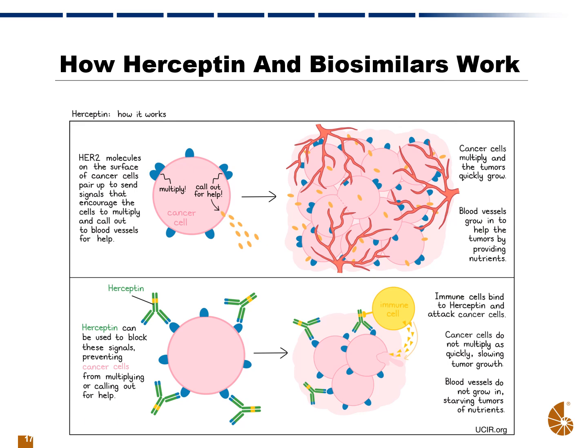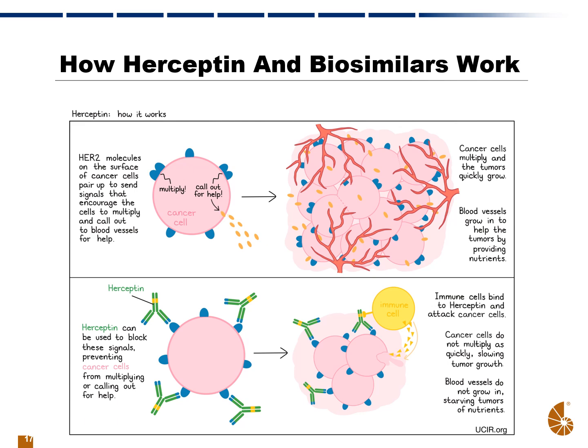And here's what it does. So if you look at the picture at the top, here's how Herceptin works. HER2 molecules on the surface of the cancer cells pair up to send signals that encourage the cells to multiply and call out to blood vessels for help. So the cancer cells want to grow and it's sending out signals for help to grow fast.